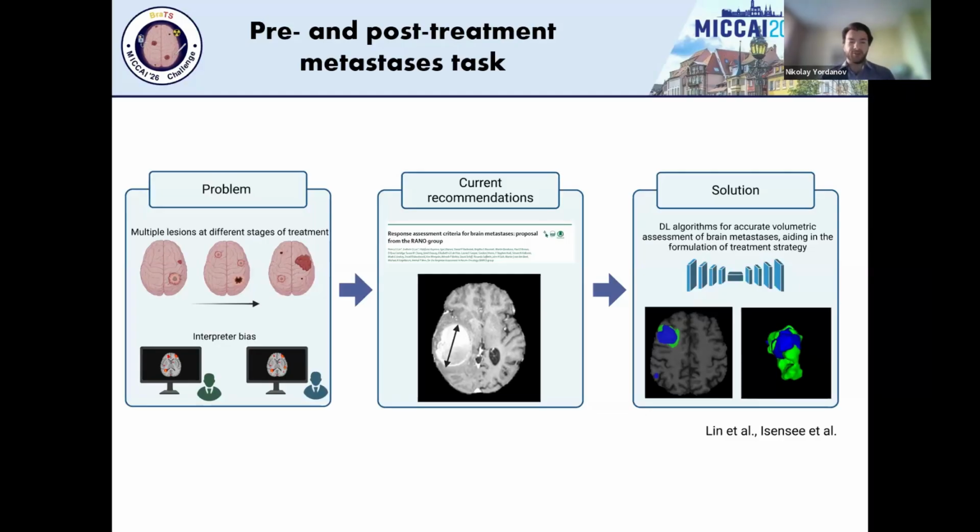So this approach, using deep learning and artificial intelligence for volumetric assessment, can improve the efficiency and the accuracy and also the reproducibility of the process of assessing a brain lesion on MRI scan, which eventually leads to improved clinical results and improved clinical practice.